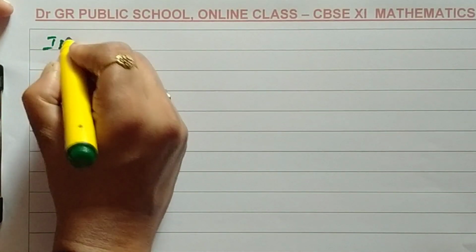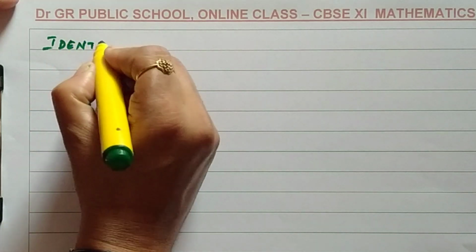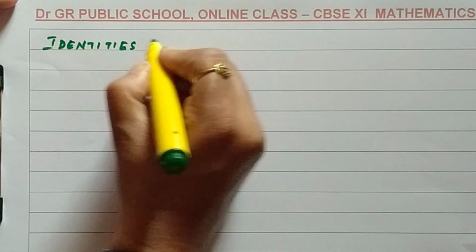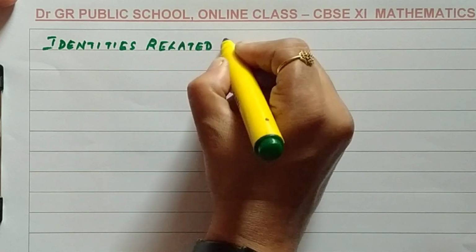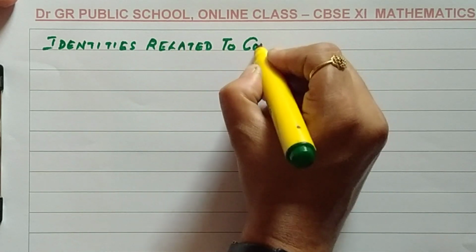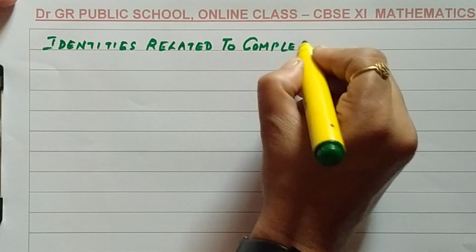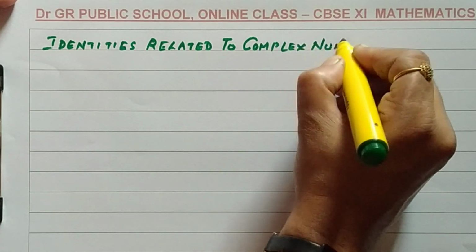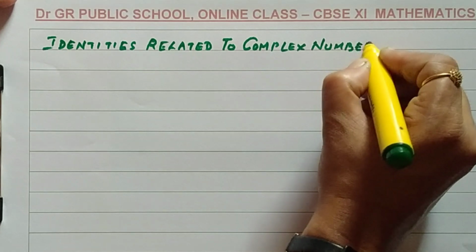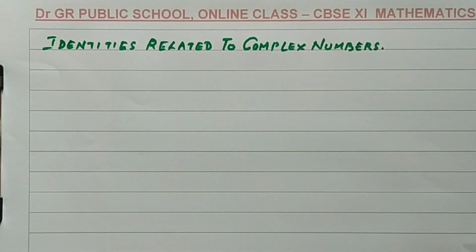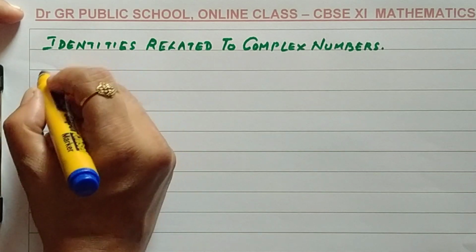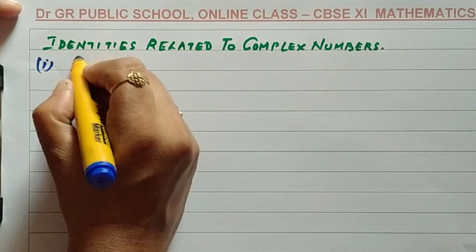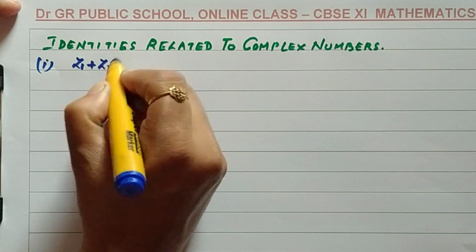The identities related to complex numbers. First identity, just like the real numbers, z1 plus z2 the whole square.